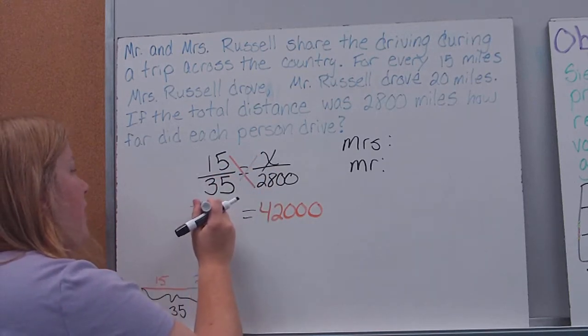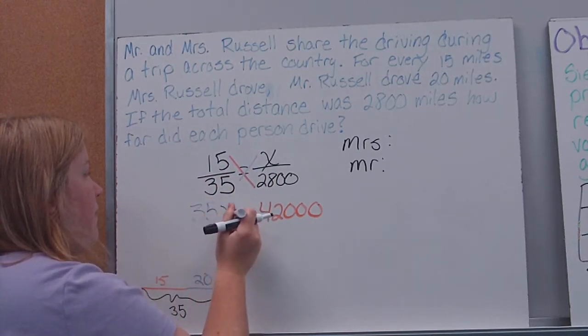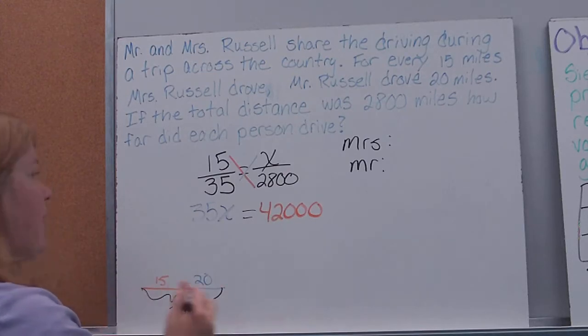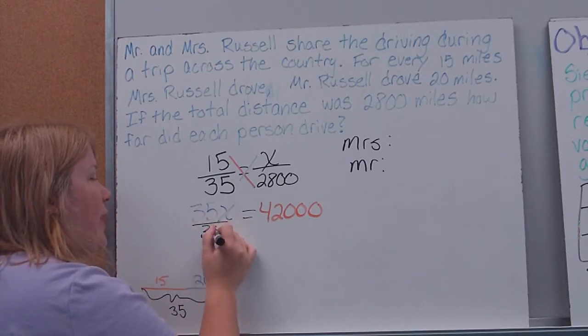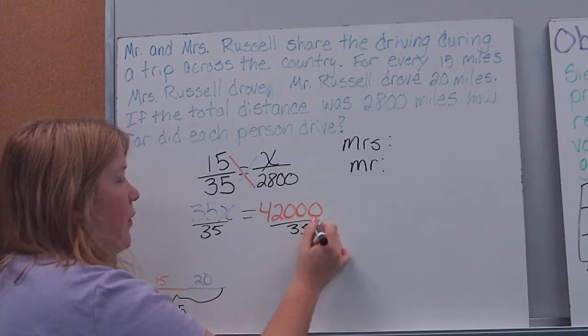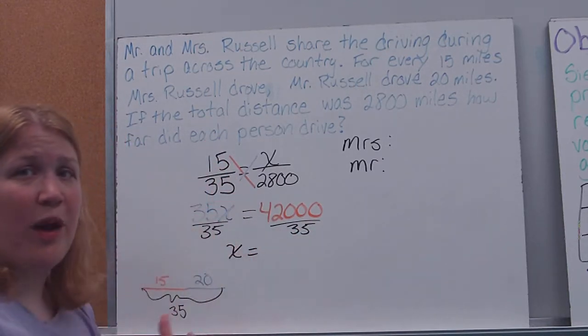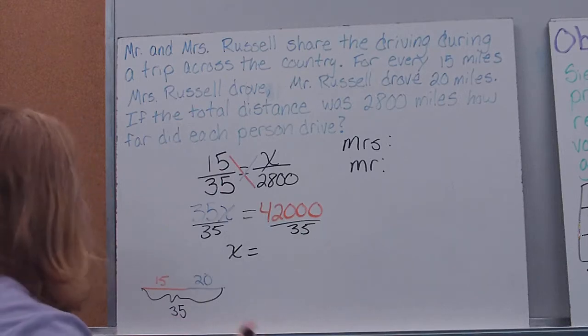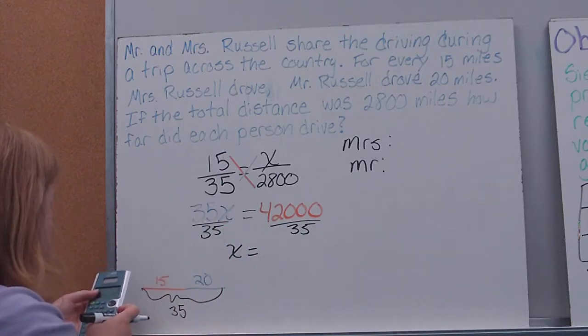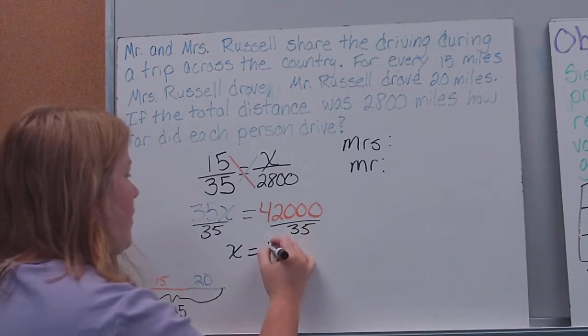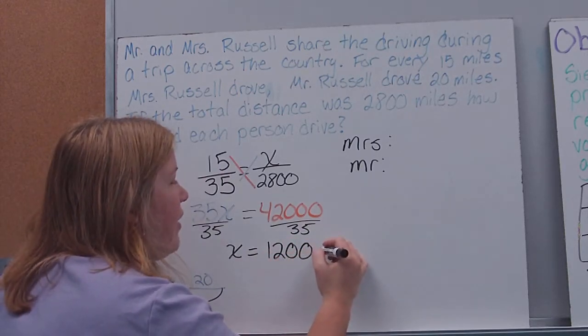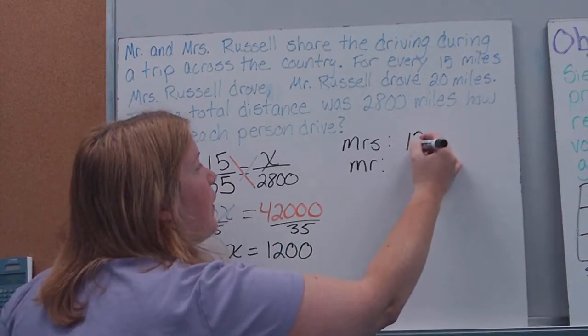On this side, I get 35x. So then how am I getting x by itself? We're just going to solve the way we've been doing. And again, if this is confusing, go ahead, rewatch the previous videos to help you get there. And when I do this division, I find out that Mrs. Russell drove 1,200 miles.